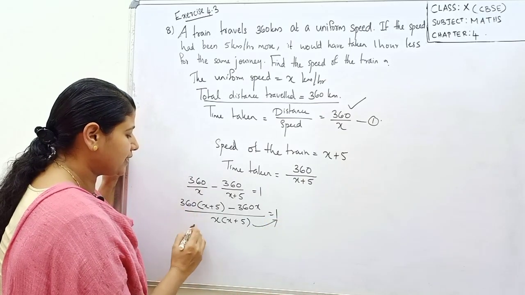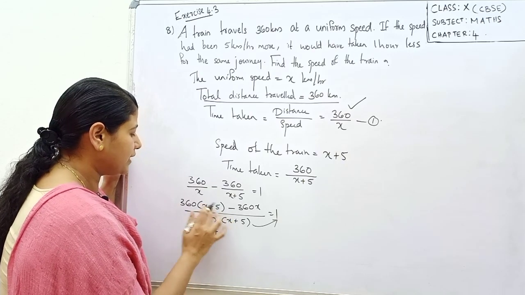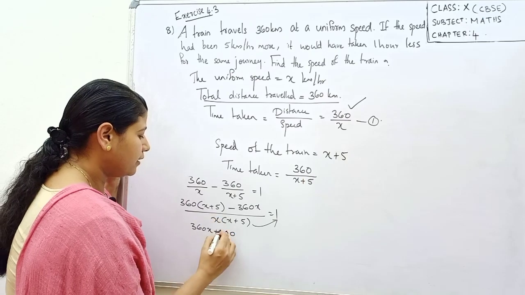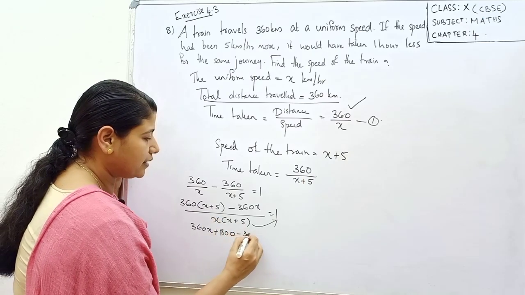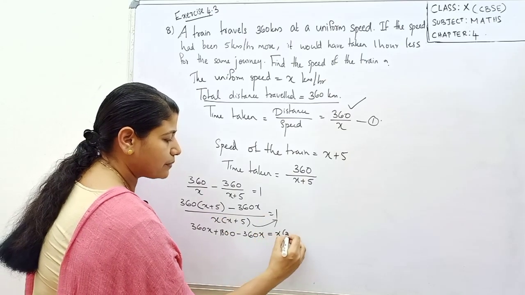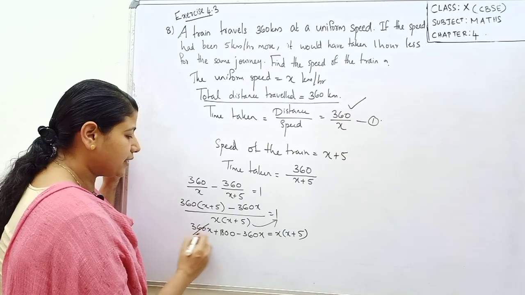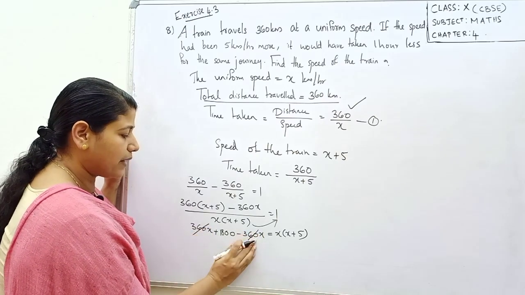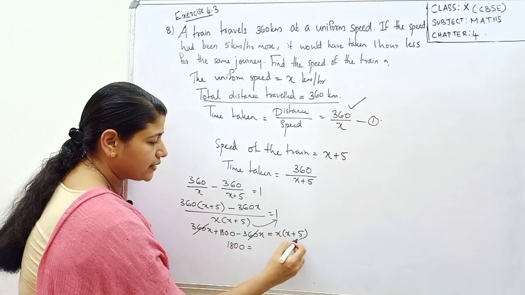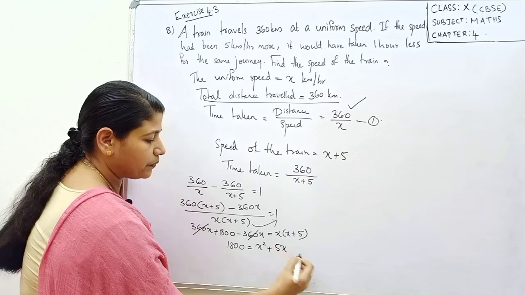You will get 360 into x is 360x plus 360 into 5, which is 1800, minus 360x, equal to x into x plus 5 going to that side. Now we can cancel this 360x on this side. This is minus and this is positive. And here 1800 equal to x into x is x square plus 5 into x is 5x.